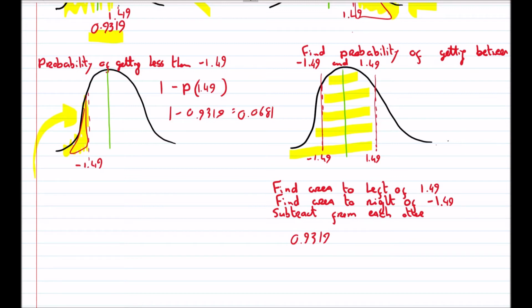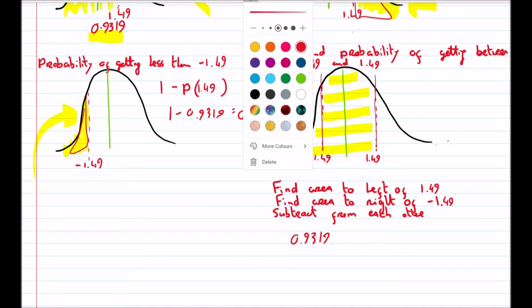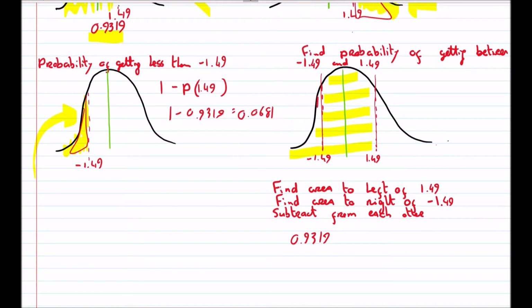is I just want to take away this bit from it. So if I can just take away this bit from it, then I get this. How do I get what this bit is? Well, just like I did over here.